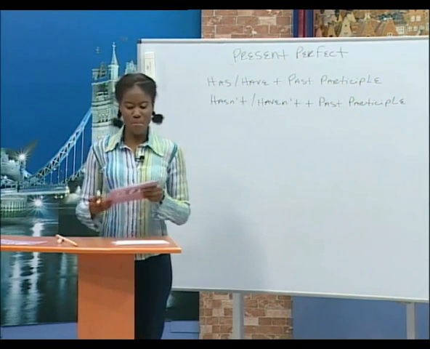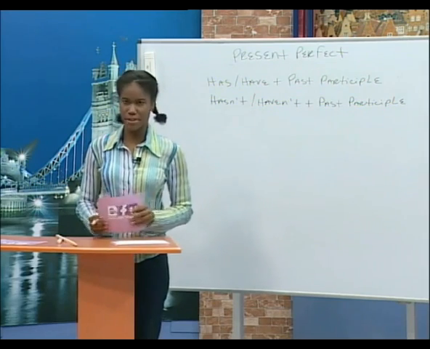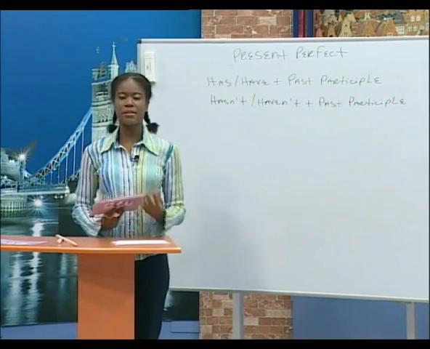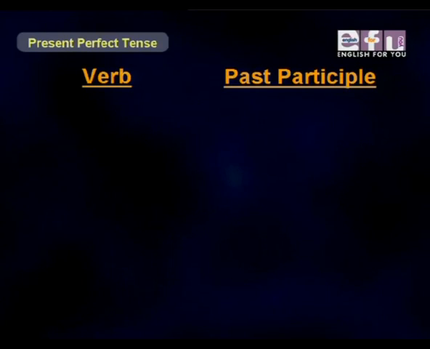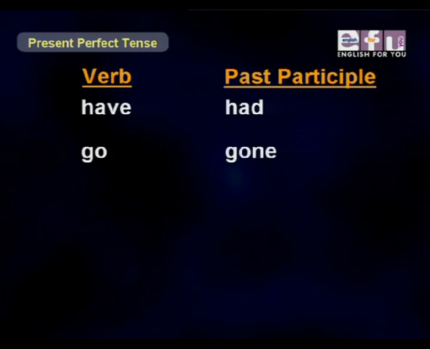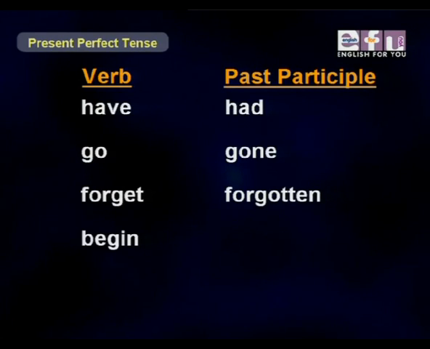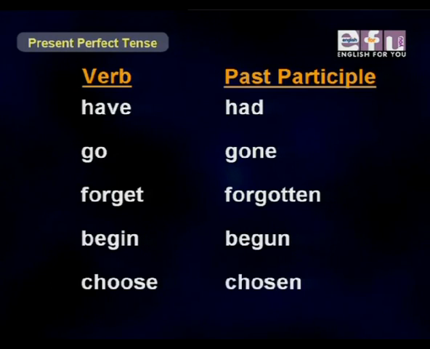Okay, there are also many irregular forms of the past participle. Let's look at this chart. Have, past participle, had. Go, gone. Forgot, forgotten. Begin, begun. Choose, chosen.